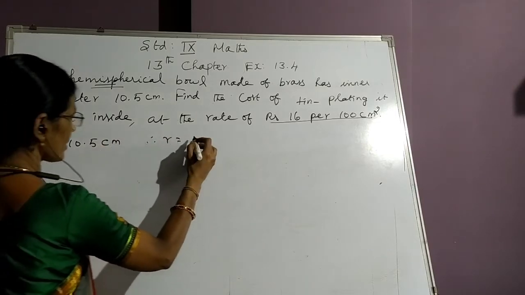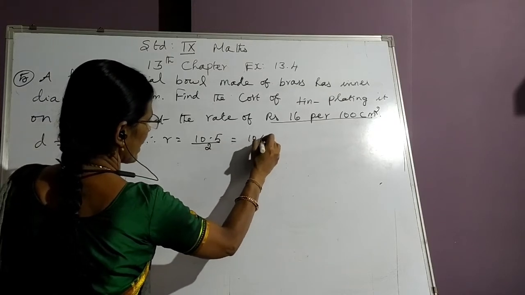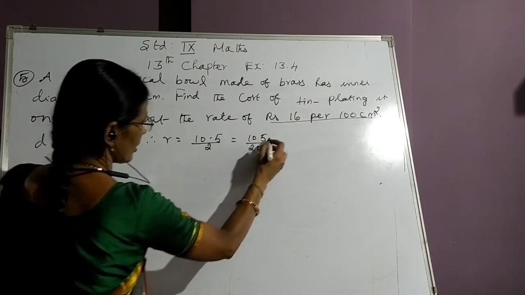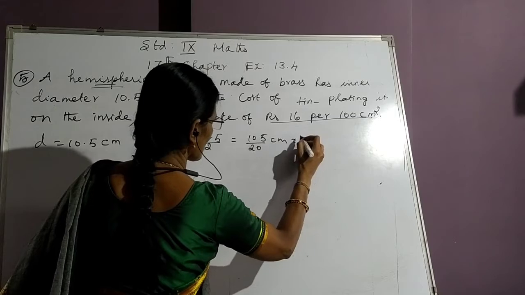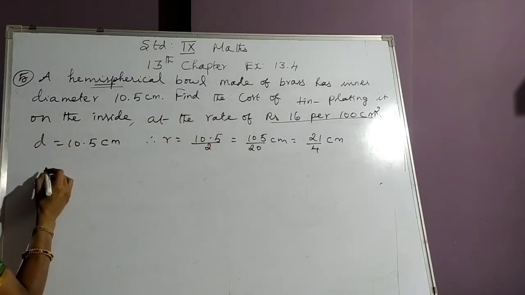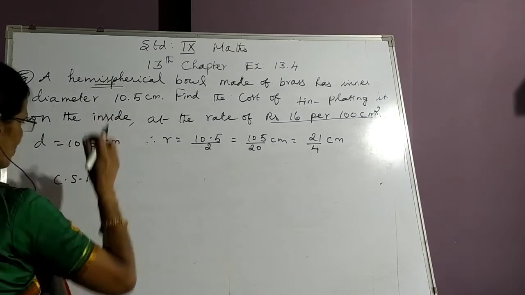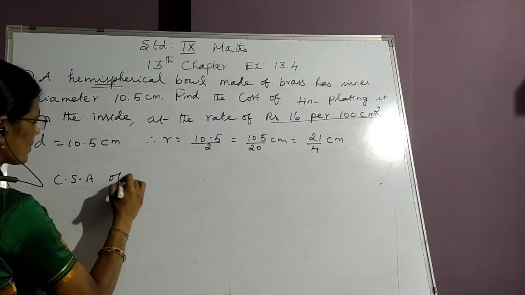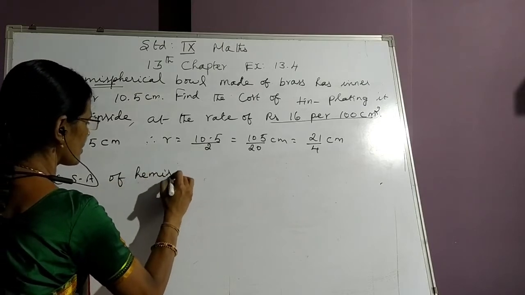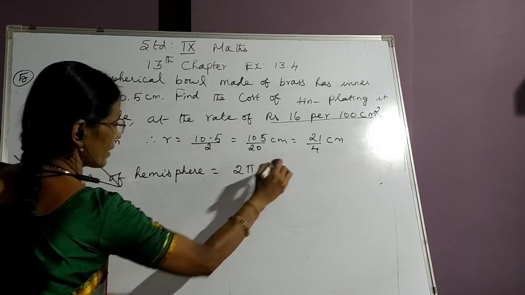Therefore radius is diameter divided by 2. So to eliminate the point, we add 1 0 in the denominator. Cancellation will get 21 upon 4 centimeter. It is hemisphere and it is only inner surface is painted. Therefore, CSA of hemisphere is 2 pi r square.